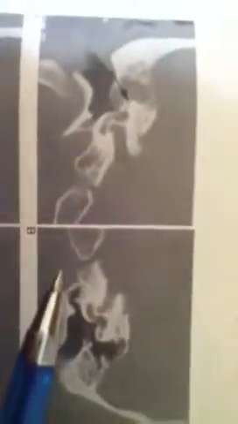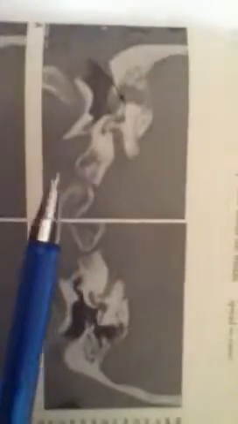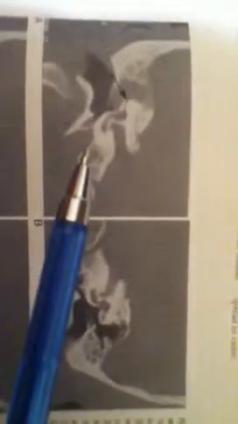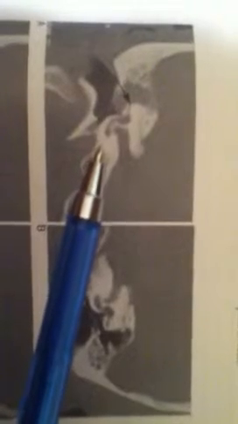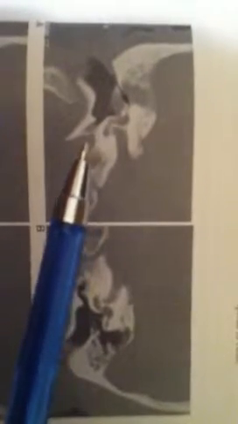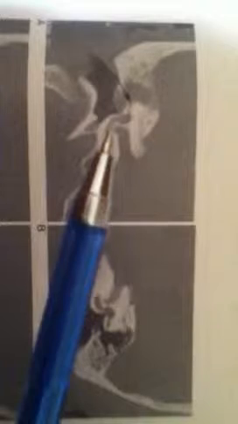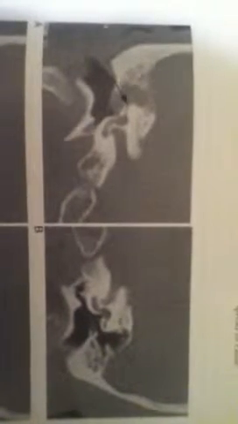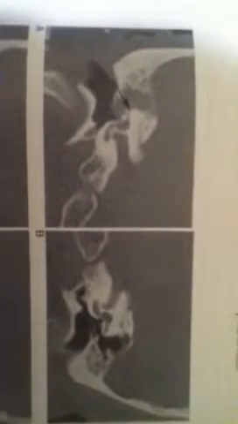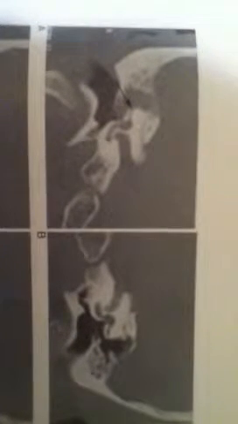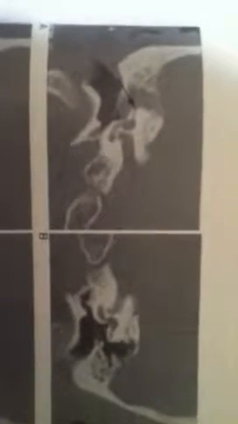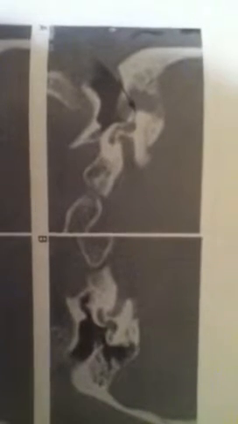Now in otitis media, the eustachian tube is normally blocked, and because of that there is negative pressure in the middle ear cavity, and the pars flaccida of the tympanic membrane acts in accordance with the negative pressure and pulls in.